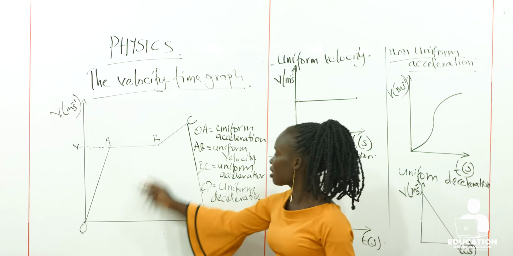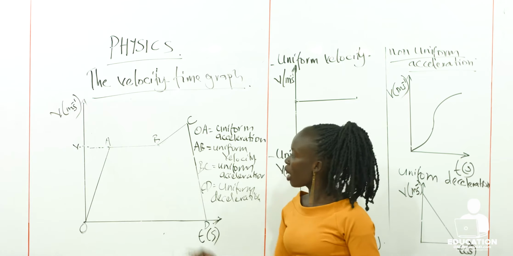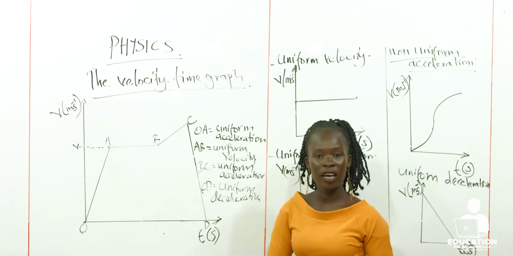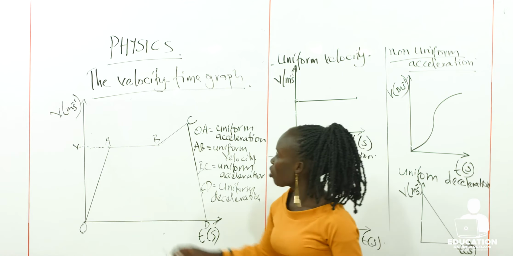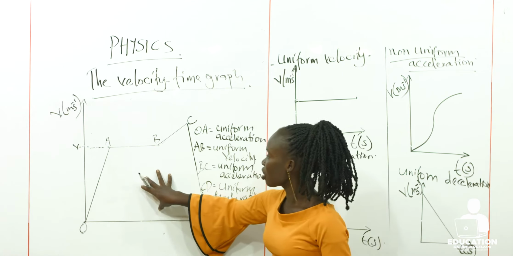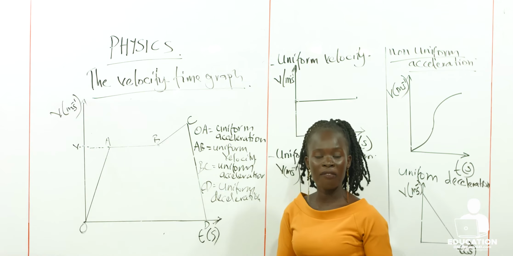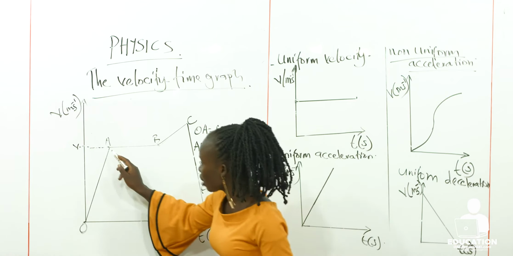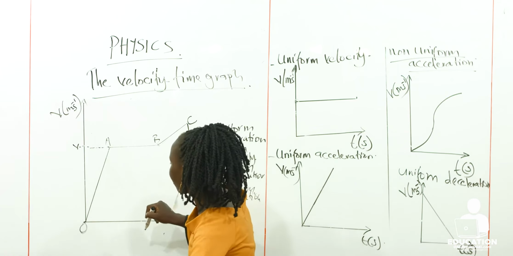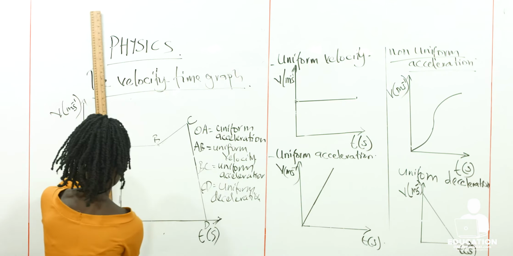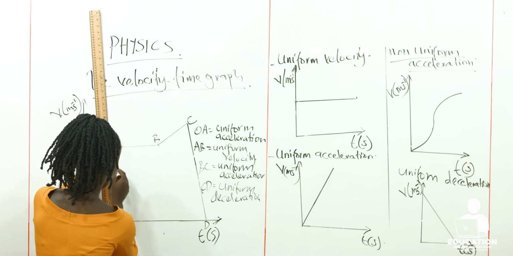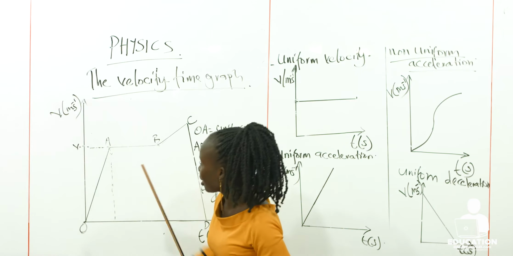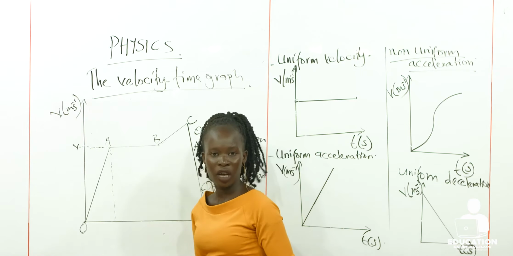So how do you get this distance the body has moved? You can divide your graph into sections. So you see that when you divide this into sections, you are going to come up with some figures. For example, let us make one stage here. When we pull it down, you see that we have created a figure right here, which is a triangle.